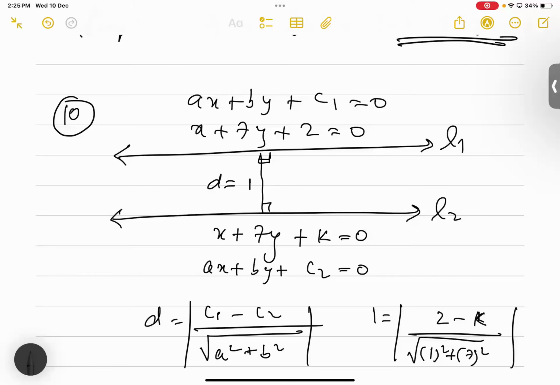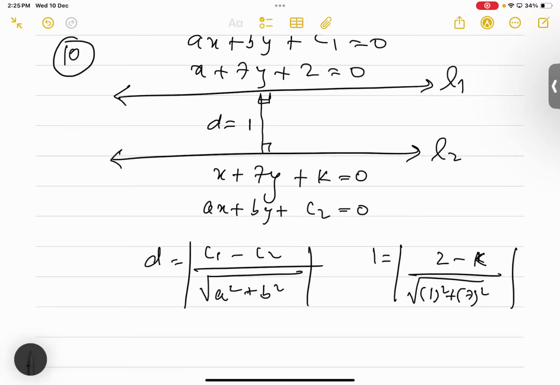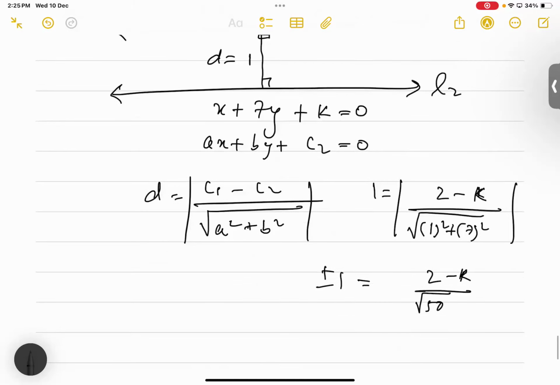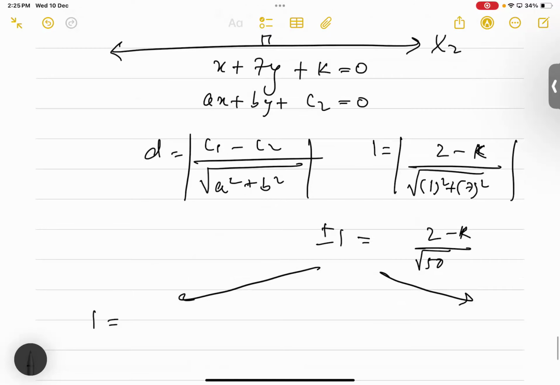So how many cases will be over here? 2. Plus minus 2 minus k upon root 50. Okay, so two cases. 1 is equal to 2 minus k upon root 50, and minus 1 is equal to 2 minus k upon root 50.